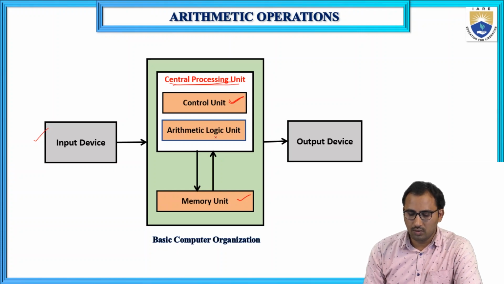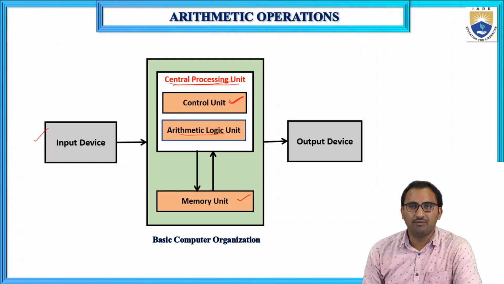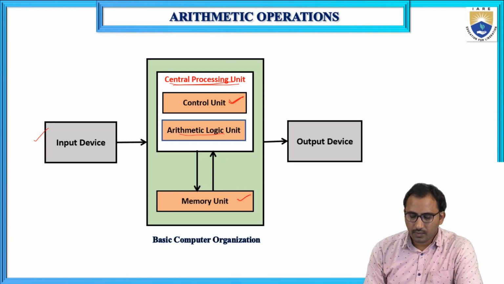Next, the ALU, the arithmetic and logic unit. It performs various arithmetic and logic operations. Arithmetic operations include addition, subtraction, multiplication, and division. Similarly, the logic operations are AND, OR, NOT, XOR, XNOR, and so on.